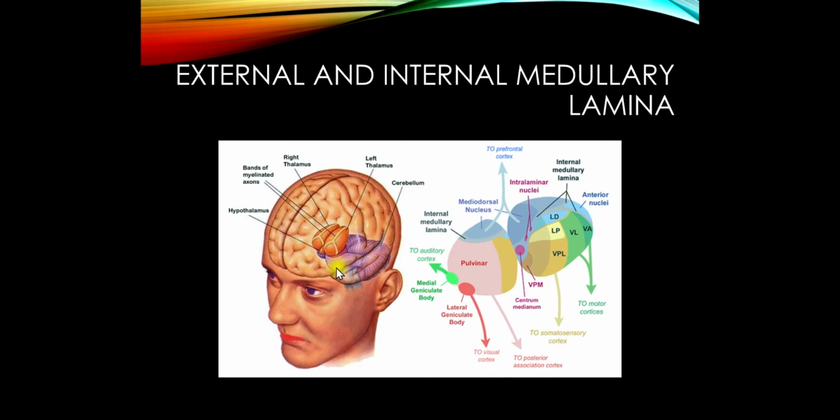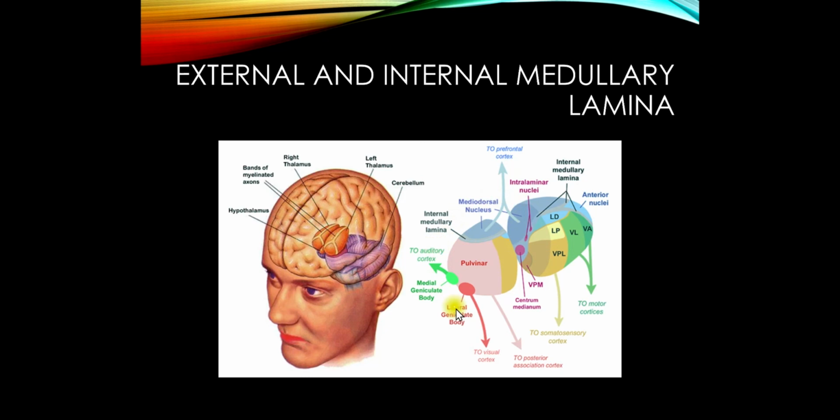So here's the right and left thalamus, and we can see that the thalamus has many different nuclear groups here. The internal medullary lamina show up well in this slide, and we can see these subdivide, separate the different thalamic nuclei, and we'll see there's even a thalamic nucleus located within the internal medullary lamina.